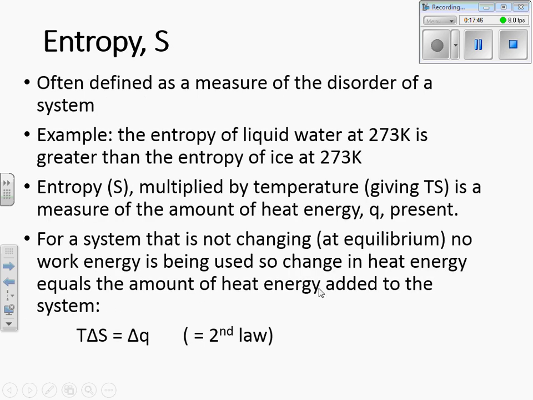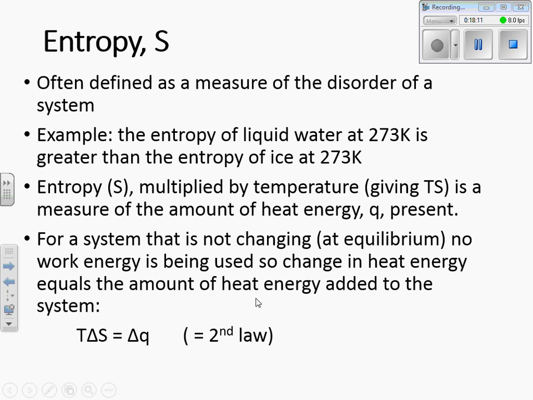We sidetracked a little onto entropy. Well, it wasn't a sidetrack, but it was an important thing. Entropy is a measure of disorder. So, for example, a gas has a higher entropy than a liquid, which has a higher entropy than a solid. And a teenager's bedroom has the maximum entropy possible, I think. All right, so this measure of disorder.